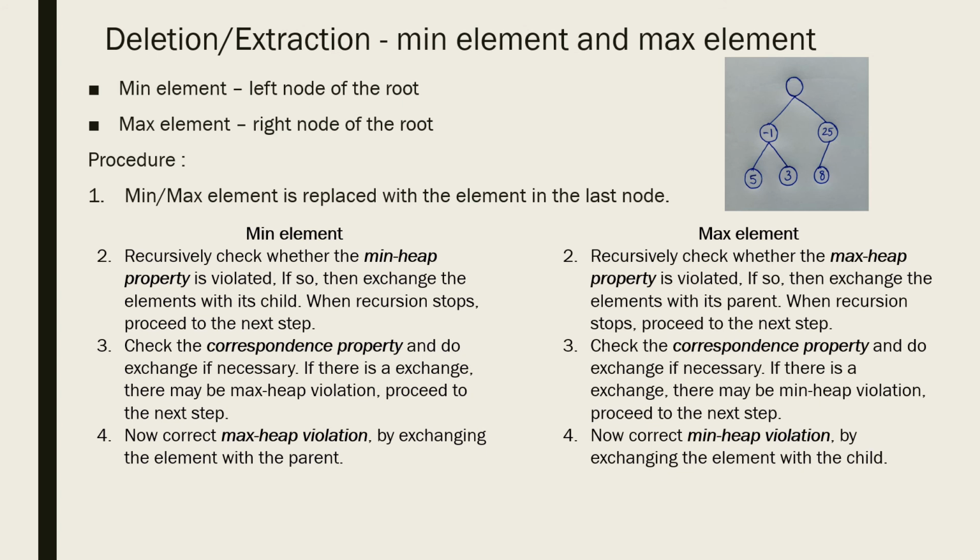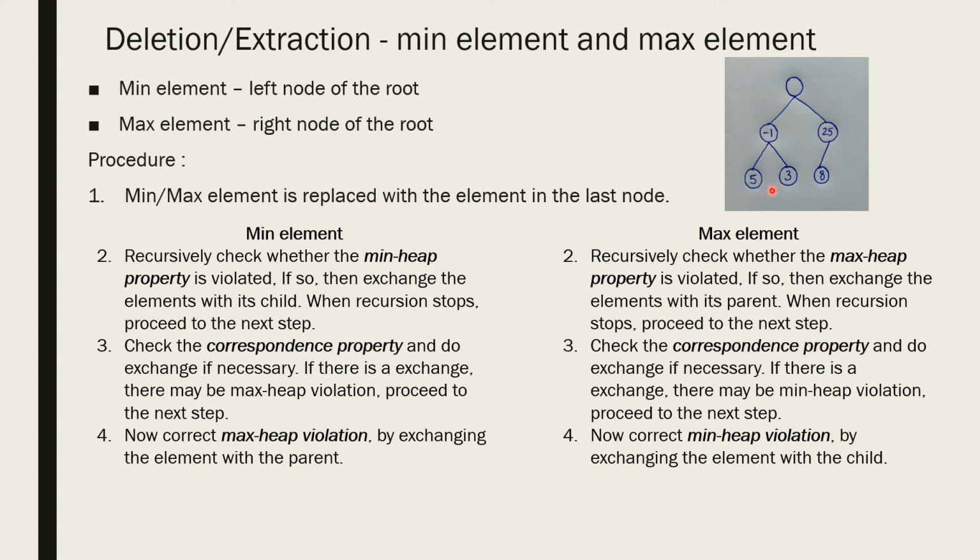Now similarly, we'll do the max element deletion. We delete the maximum element. The first step is the same: we replace it with the last element, and then we check whether the max heap property is violated. If it is violated, we do the exchanging recursively till the max heap property is satisfied completely.